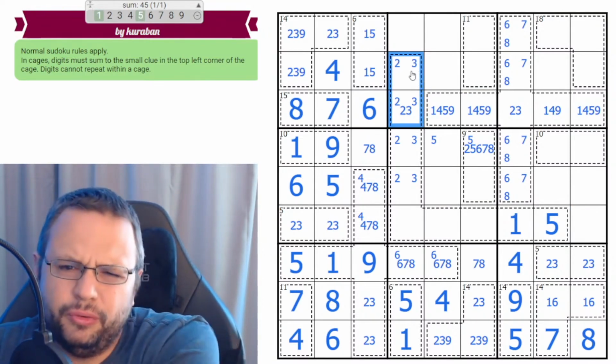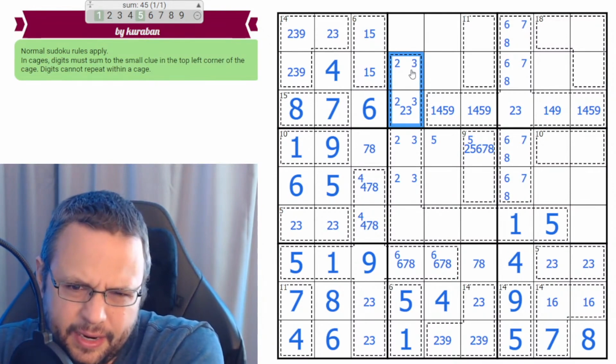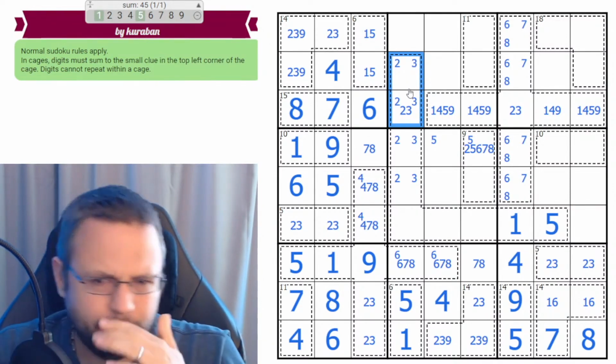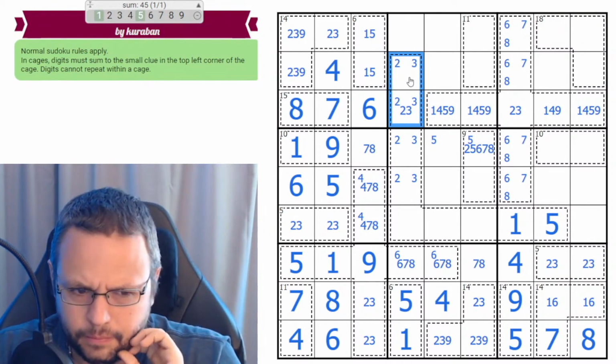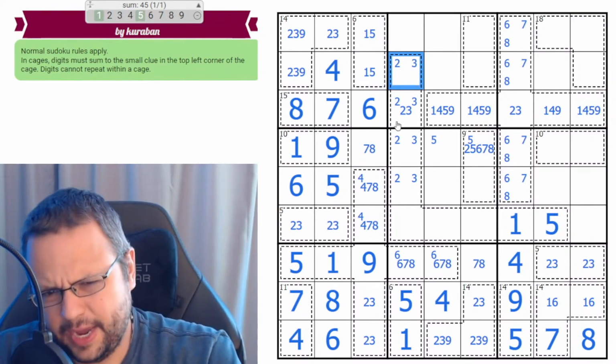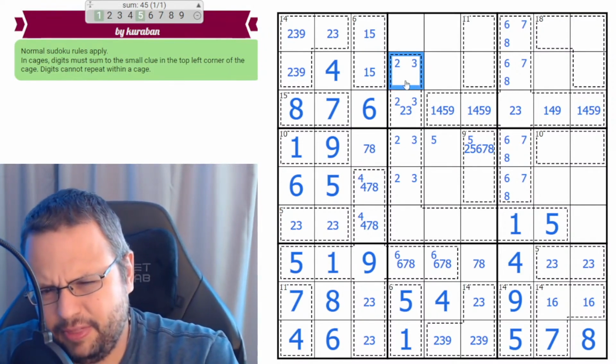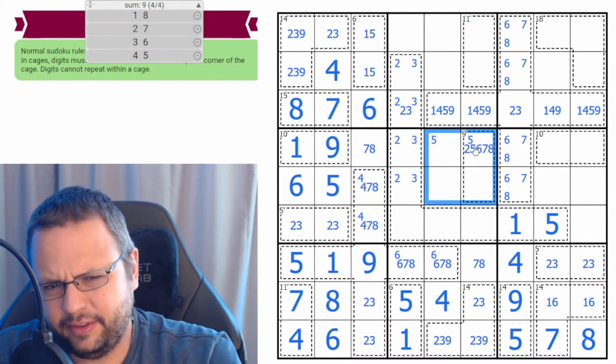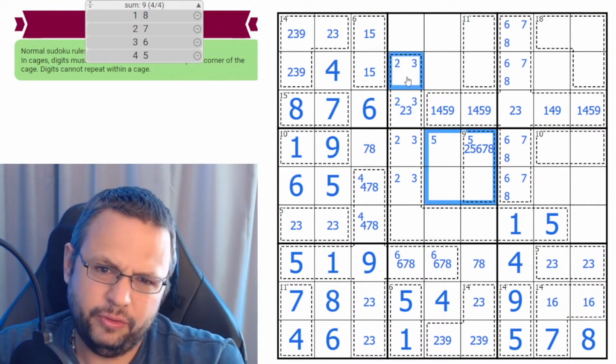If this were 2-3... What if this was 2-3? I think that doesn't work. If this was 2-3, these cells would be 1, 2, 3, 5.